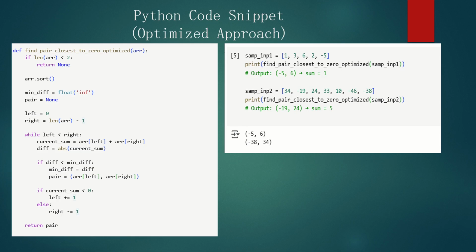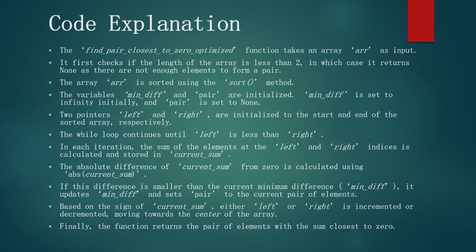Python code, optimized approach. Now I'll explain the code. The find pair closest to 0 optimized function takes an array as input. It first checks if the length of the array is less than 2, in which case it returns None, as there are not enough elements to form a pair.